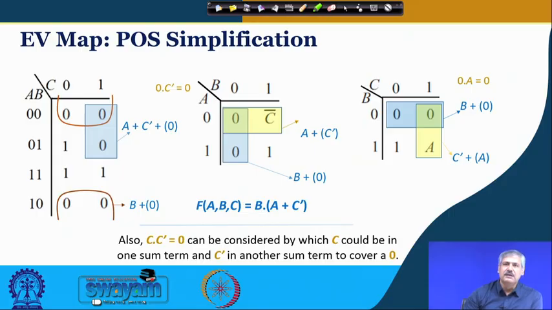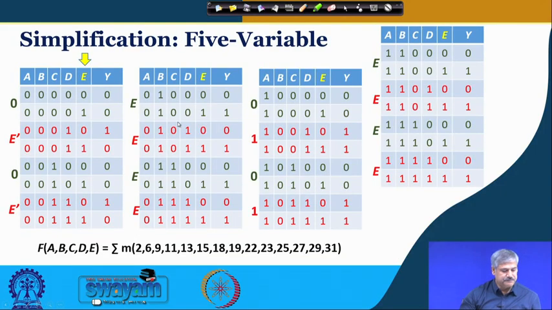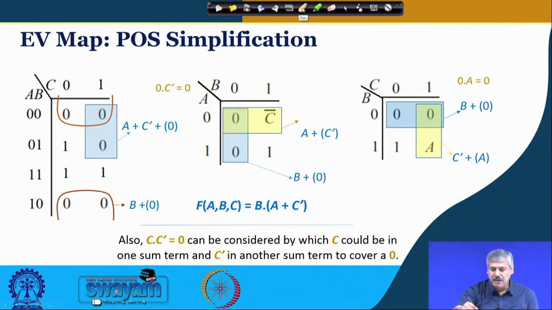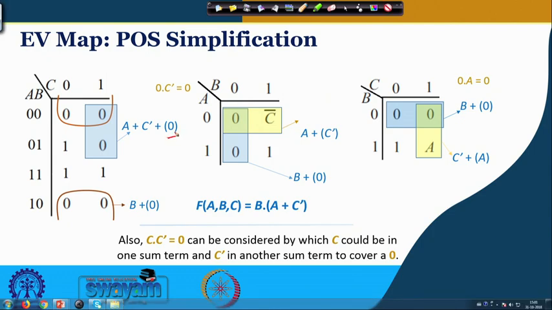In this case, whenever the sum term is present, we can consider that it is summed with 0, and if it is not present, then it is summed with 1. So, 1 means just that the corresponding max term is not available.